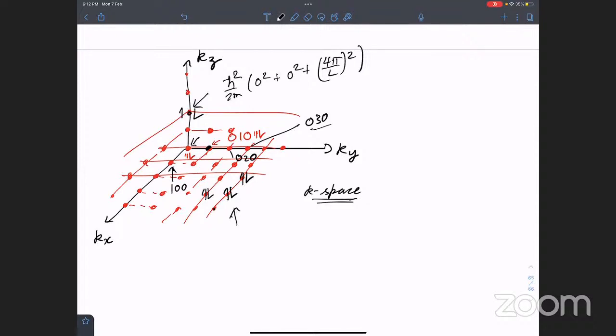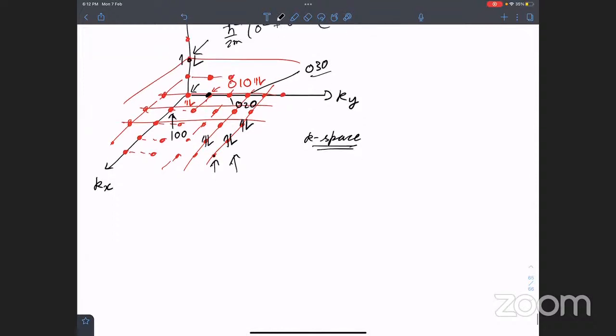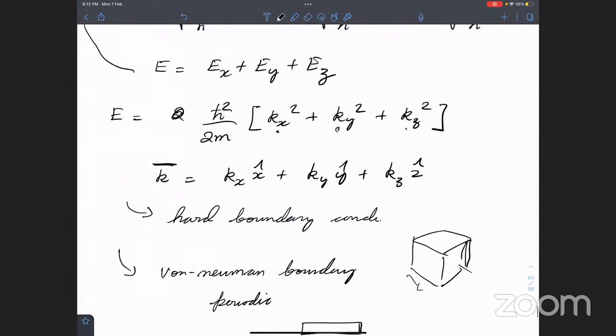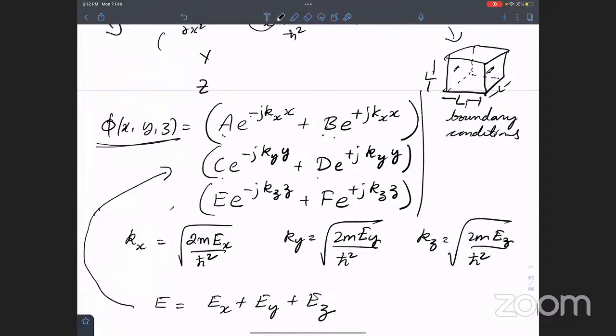Okay. How do these things look in real space? Well, that is easy to answer. This is how they look in real space, right? A into e to the power minus j kx into x. You have to literally substitute values of x, y, and z. For any given value of kx, ky, kz, take all values of x, y, and z and substitute in this.